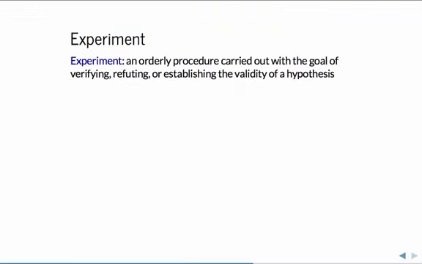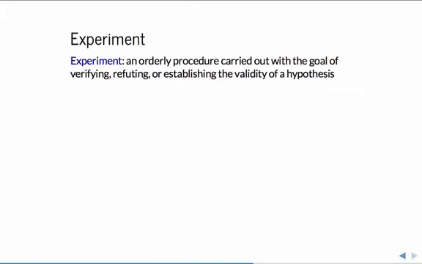So then the question is, what's an experiment, what's a randomized experiment, and what's an observational study? An experiment, this is the definition given in Wikipedia, is an orderly procedure carried out with the goal of verifying, refuting, or establishing the validity of a hypothesis. I like this definition because it gets at the scientific method. That is, we generate hypotheses and we try to test those hypotheses through experiments.